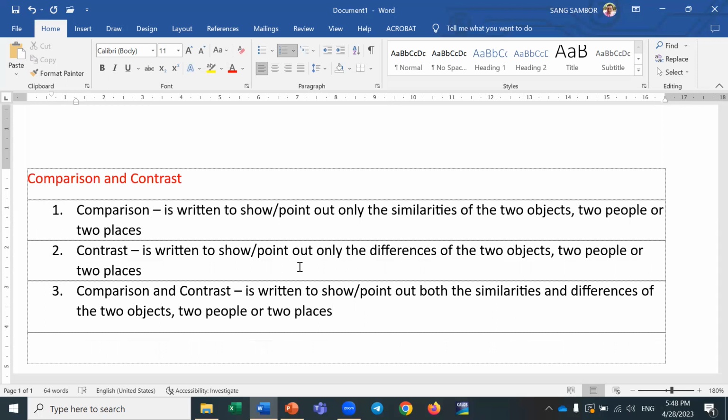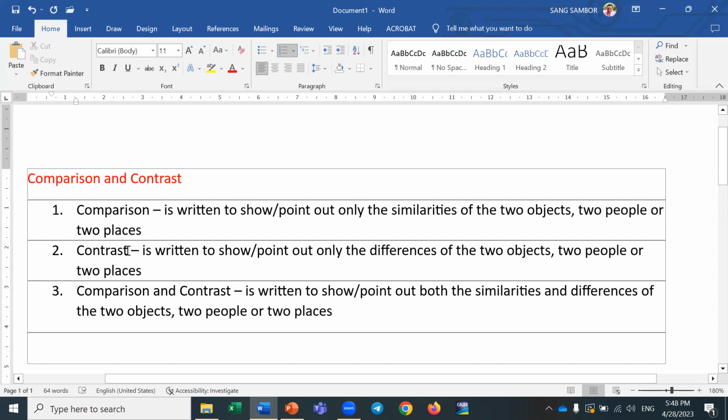Sometimes it also depends on the topic, whether you are asked to write only the comparison, or only the contrast, or probably both the comparison and contrast. Again, when you are writing the comparison, you are writing to show the similarities of two objects, two people, or two places.